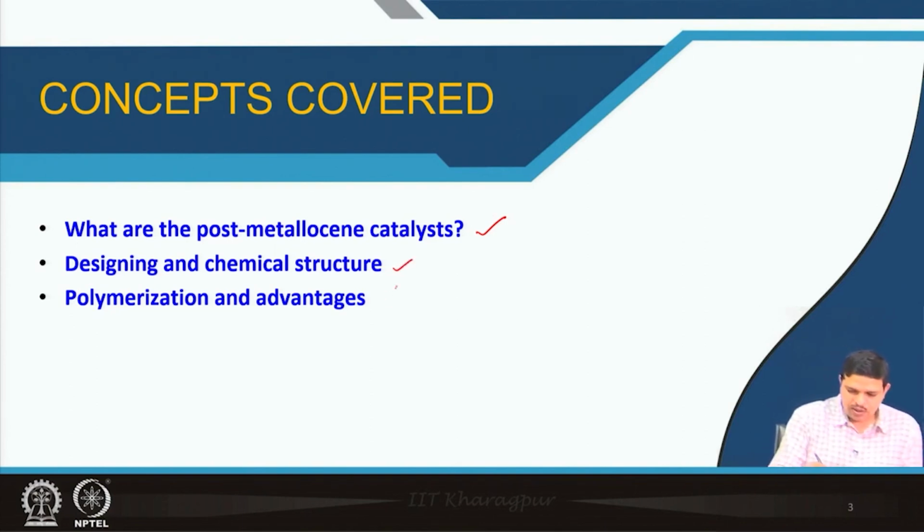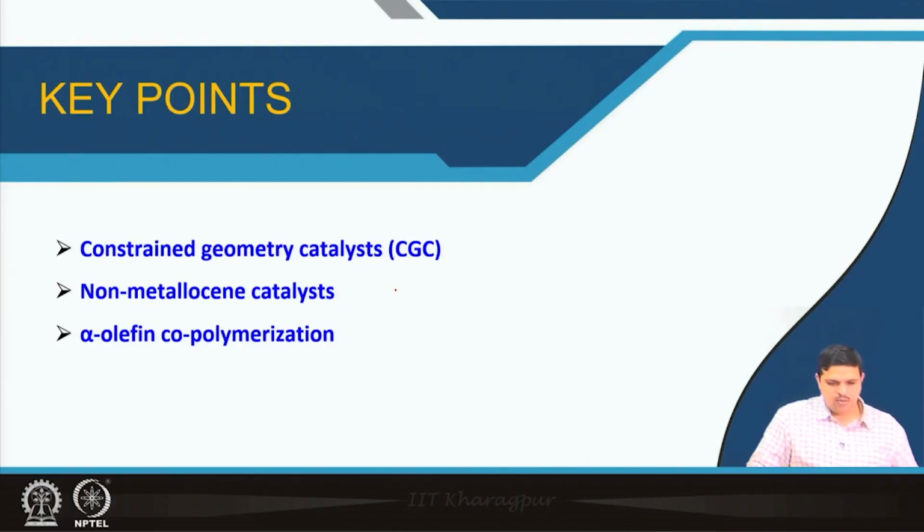Then we will discuss their polymerization and reactivity, and obviously the advantageous factors over the well developed and industrially accepted metallocene-based catalysts, which are Kaminsky type catalysts. Okay, so these are the key points. We also learn constrained geometry catalysts, non-metallocene.